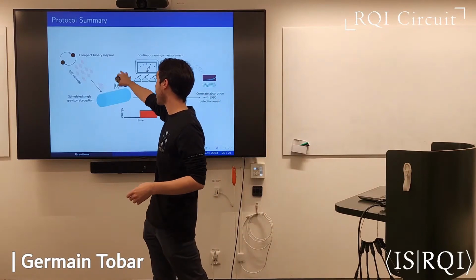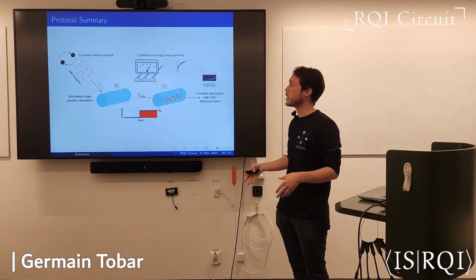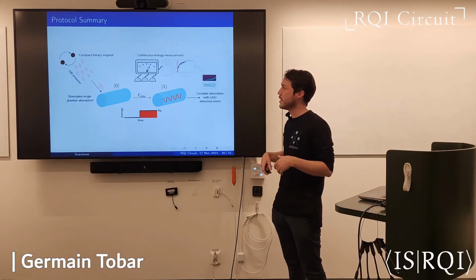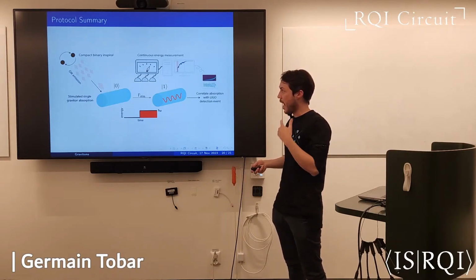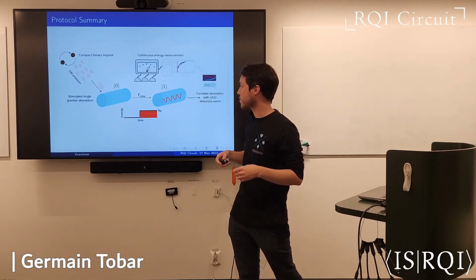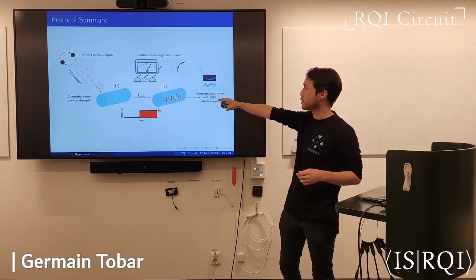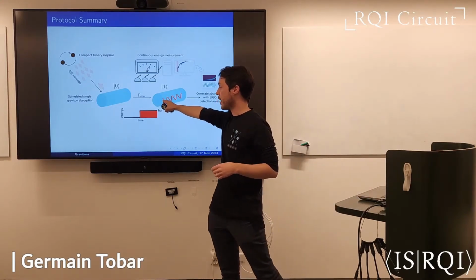So to summarize, the basic protocol presented in the paper is that you have some compact binary inspiral, so two neutron stars merging or two black holes merging that emit gravitational waves. Then you have stimulated single graviton absorption in the bar detector at Earth. And at the same time, you're continuously monitoring the energy levels of the bar detector.